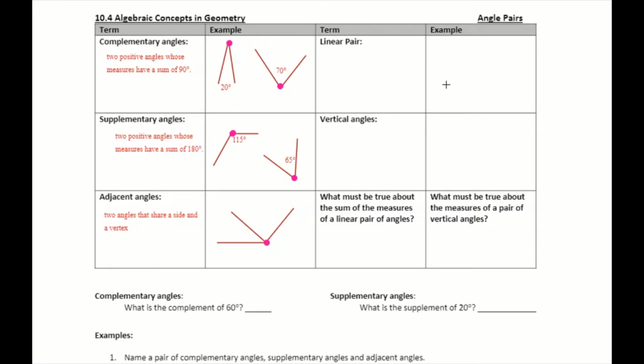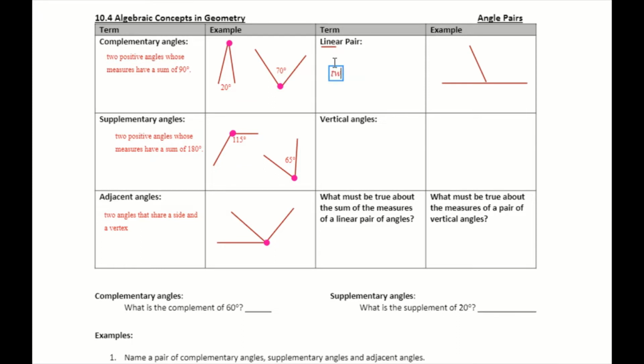And the reason why it's called a linear pair is because when you sketch this out, the only way for this to really work is if the sides that they do not share lie along a line. So you have this common side here, and then the other two sides form a line. So that's why it's called a linear pair. Okay, key word here being line. So linear pair is what you get when you mix supplementary and adjacent angles.